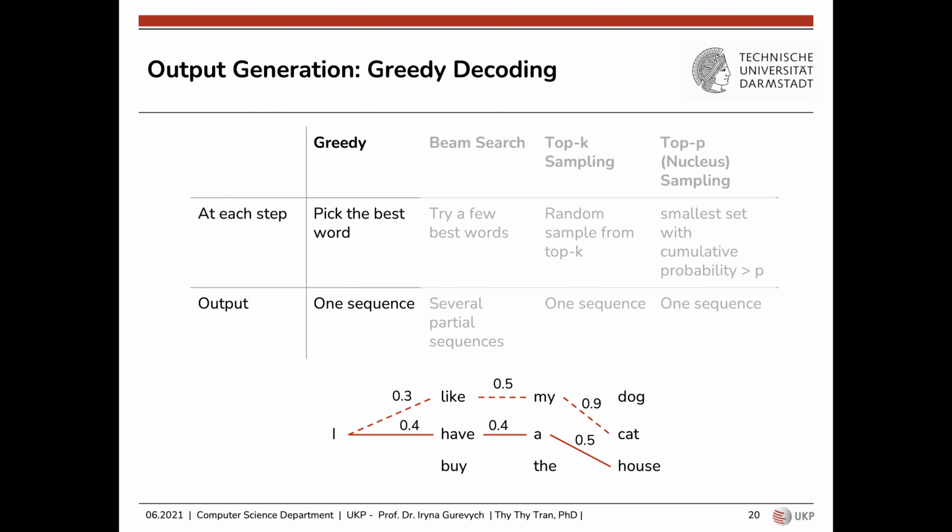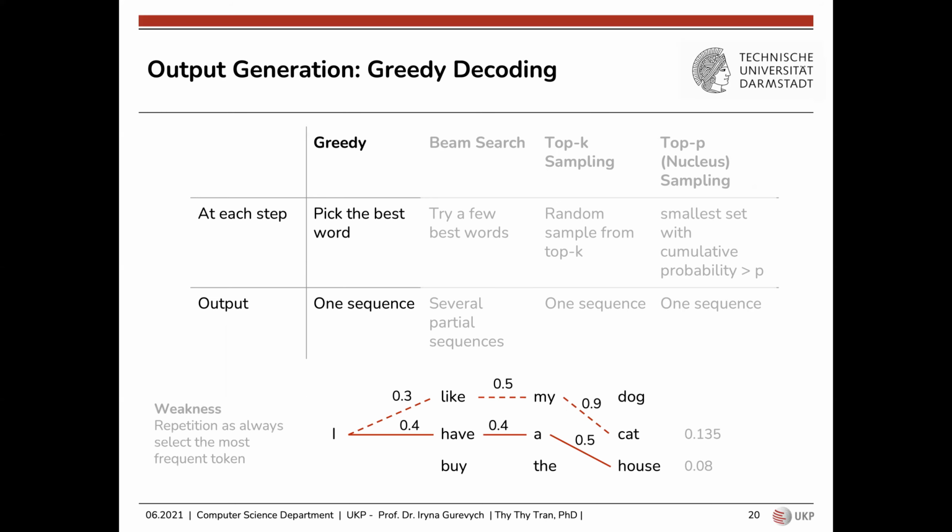First of all, the simplest approach is to pick the token with the highest probability. This is called greedy decoding. The output is one sequence with the highest probability at each time step.